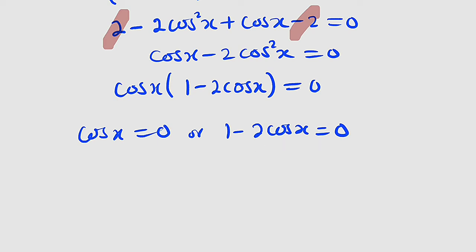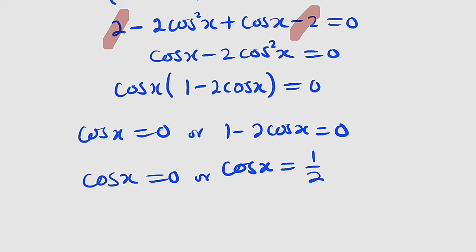If you take 2 cosine x to the right hand side, it becomes positive, then you divide both sides by 2. So either cosine x equal to 0 or cosine x equal to 1 divided by 2.